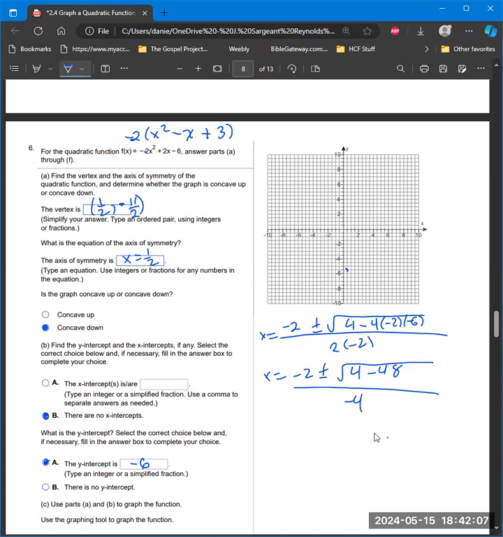And then no x-intercepts because it opens down. So the y-intercept is at -6. So I'm going down 1/2 when I go left 1, and I go down 1/2 when I go right 1, and it's going to look like this.